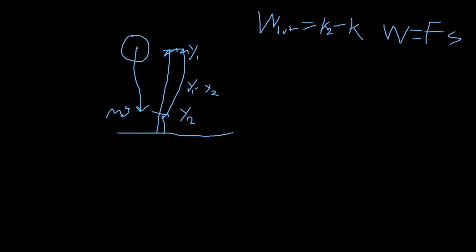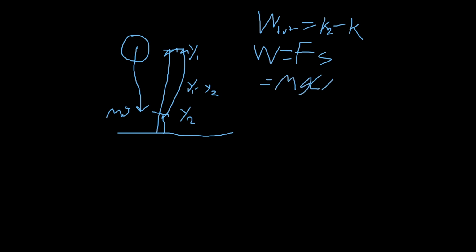And we'll start by taking this apart one step at a time. Let's grab our equation we drew right here, and as we can see, the force that's pulling the object down is just mg, and the displacement is y1 minus y2.